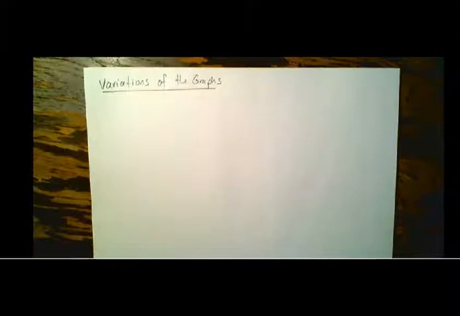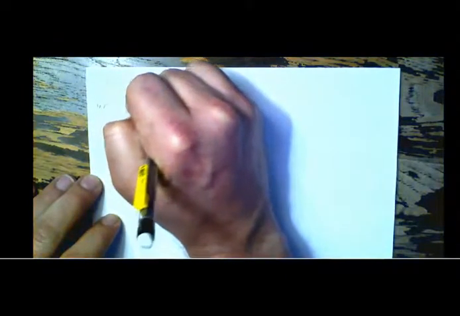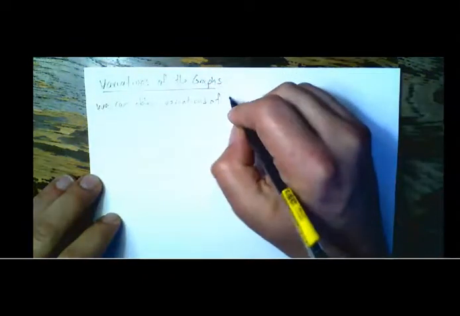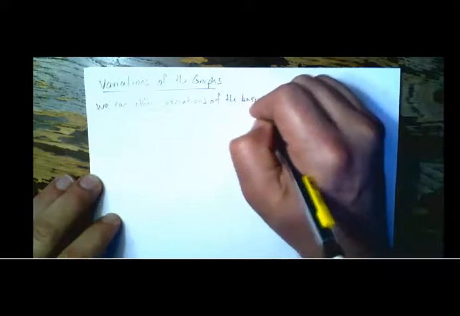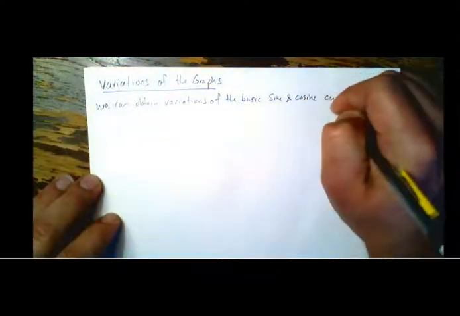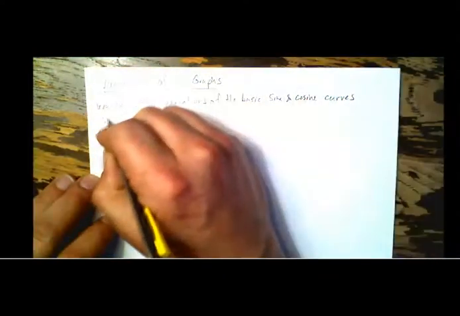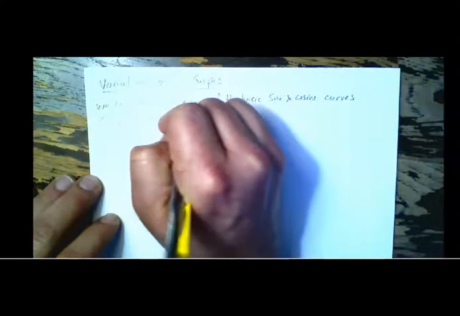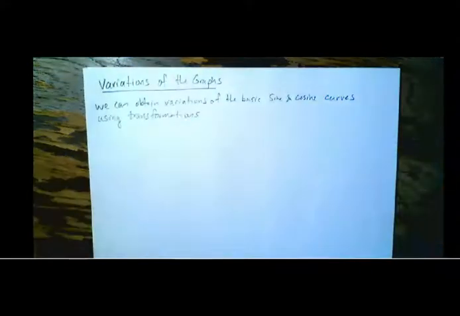So as we saw in chapter 2 and 3, we can obtain variations on the graphs of various functions by using transformations, right? So we can obtain variations of the basic sine and cosine curves using transformations. Okay?